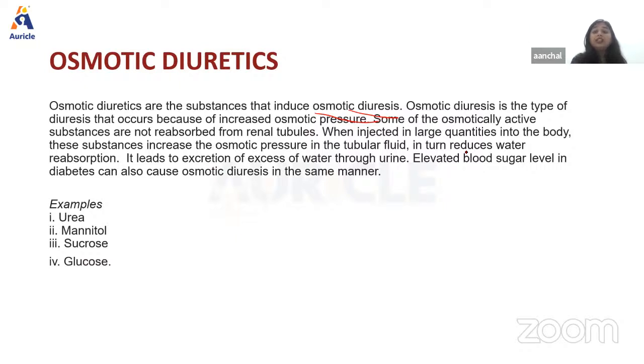In turn, water reabsorption is reduced, which leads to excretion of excess water through urine. Elevated blood sugar level in diabetes can also cause osmotic diuresis in the same manner. Examples of osmotic diuretics include urea, mannitol, sucrose, and glucose.